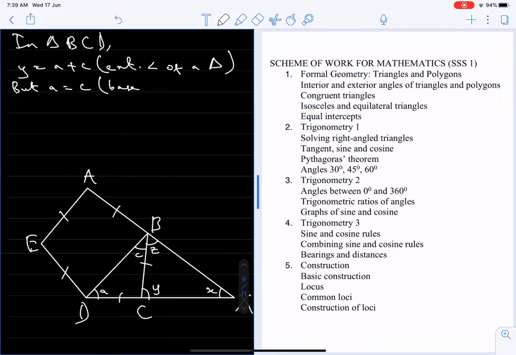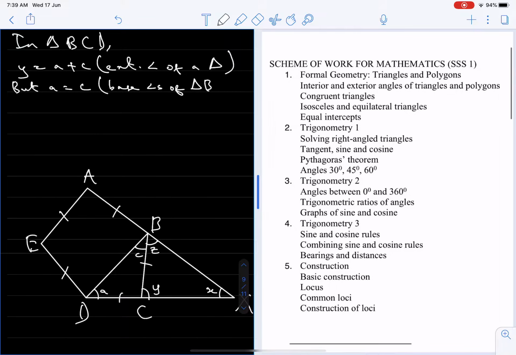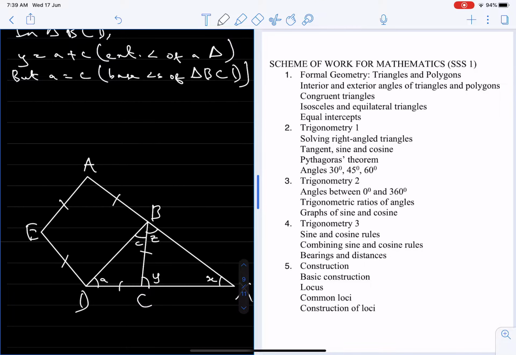A equals C because they are the base angles of triangle BCD. Base angles of an isosceles triangle are equal.